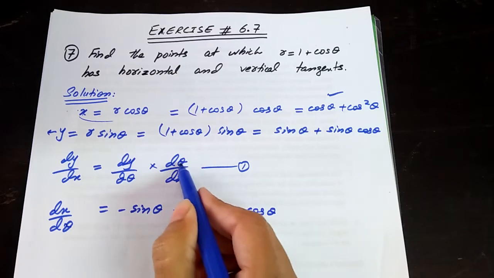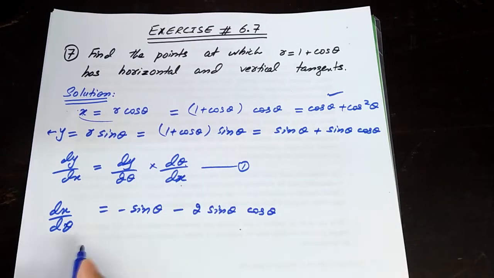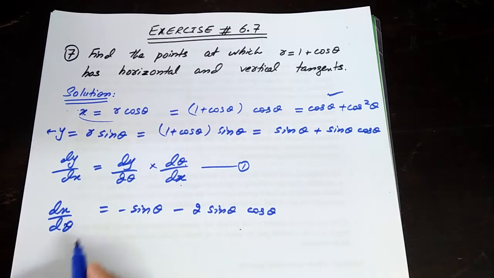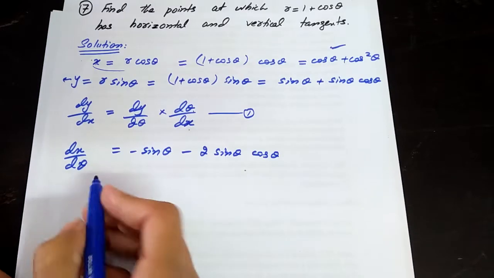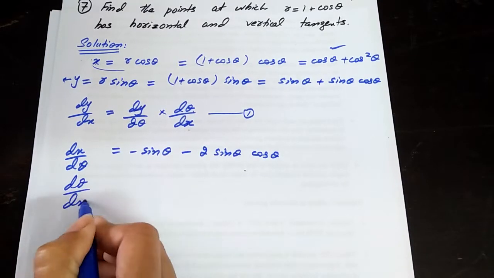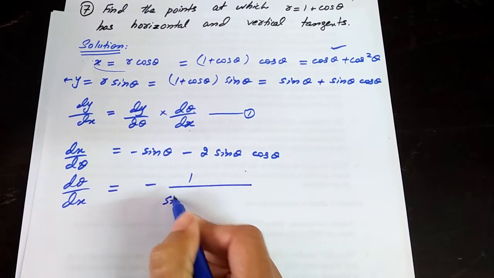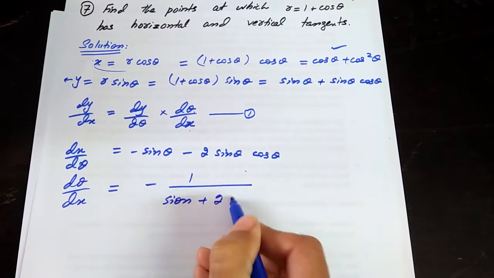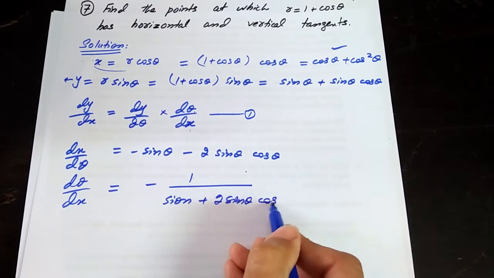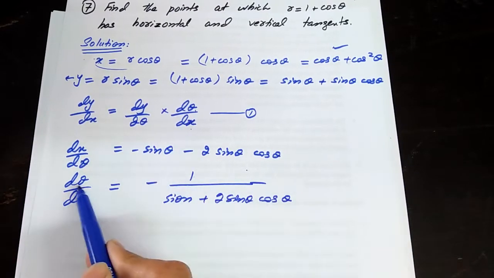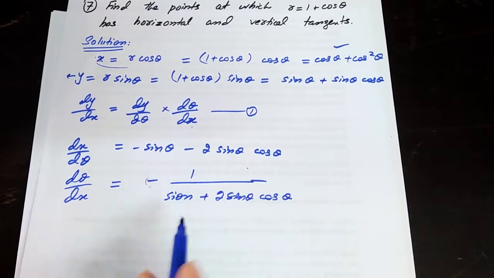We need d theta by dx in equation number 1, so take its reciprocal: d theta by dx equals minus 1 over sine theta plus 2 sine theta cos theta. I simply took the reciprocal and took the negative sign as common.